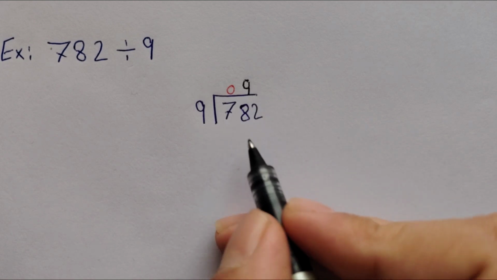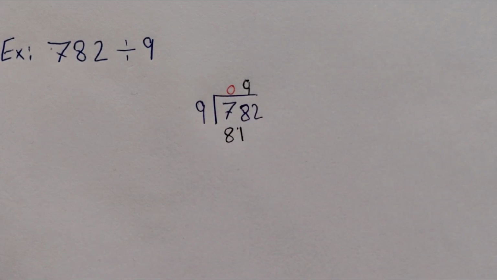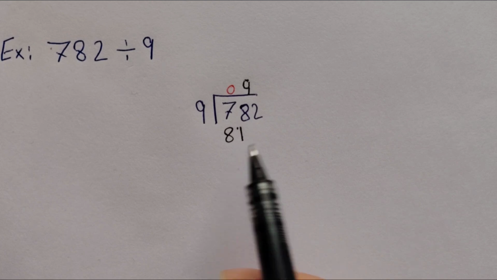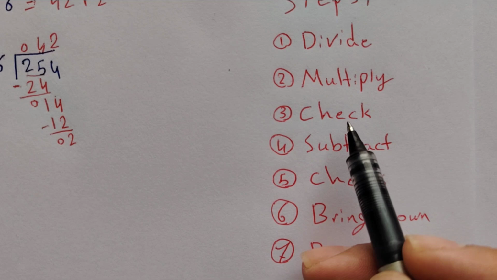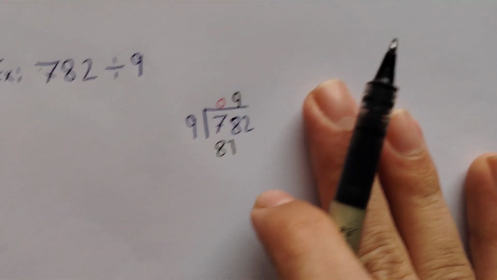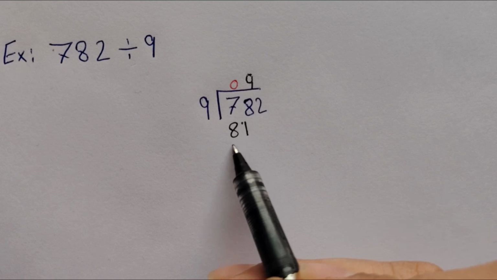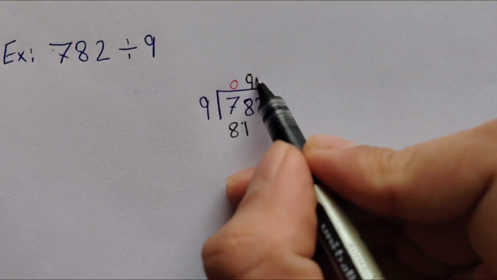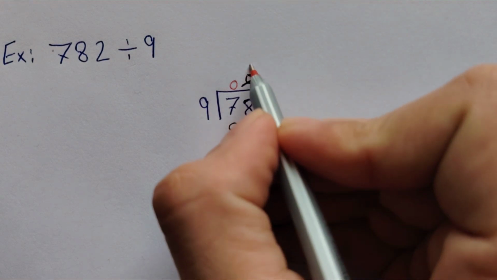Then 9 times 9 will be 81. This one we cannot do. Remember the third step was to check. Why do we check? Because 78 minus 81, we cannot do it. When we cannot do it, that means the 9 is wrong. We have to change it to one number less, which is 8.